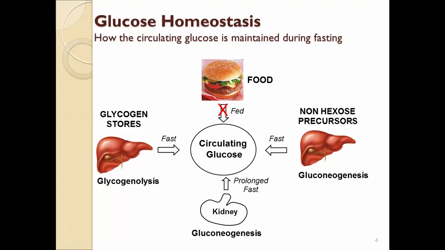But muscle does not contribute to blood glucose because it lacks the enzyme glucose 6-phosphatase. So in fasting, the major contribution to the glucose level is from the glycogen stored in the liver, and the liver and kidney can also make glucose through the gluconeogenic pathway. In other words, during fasting, glycogen breakdown and the gluconeogenic pathway are activated.